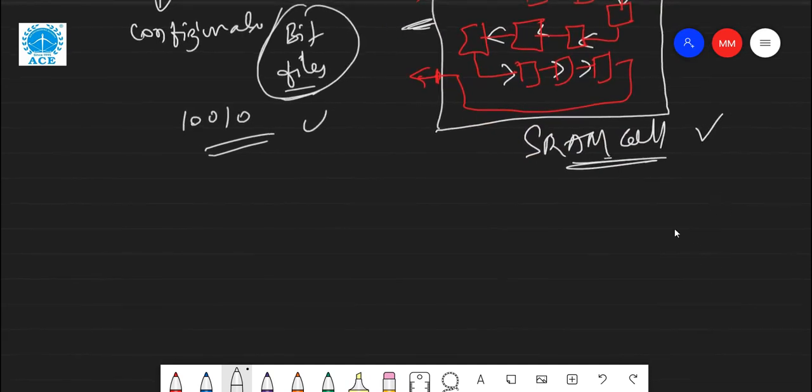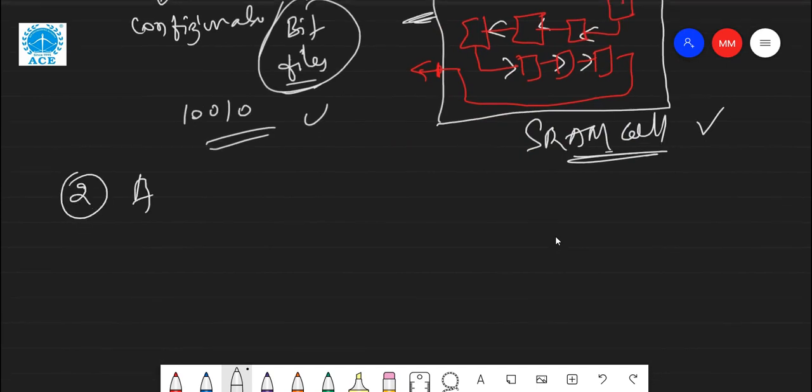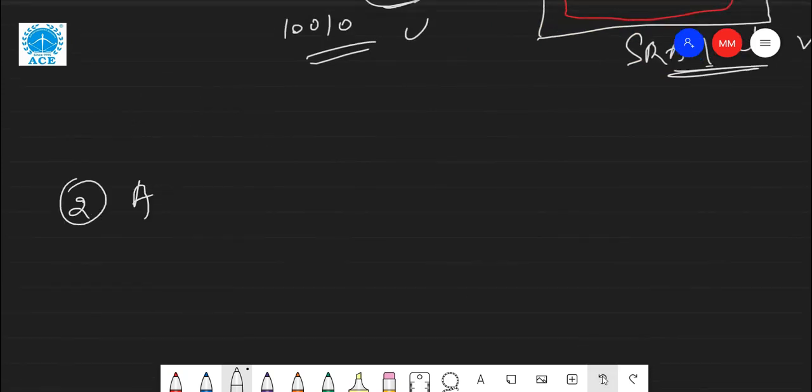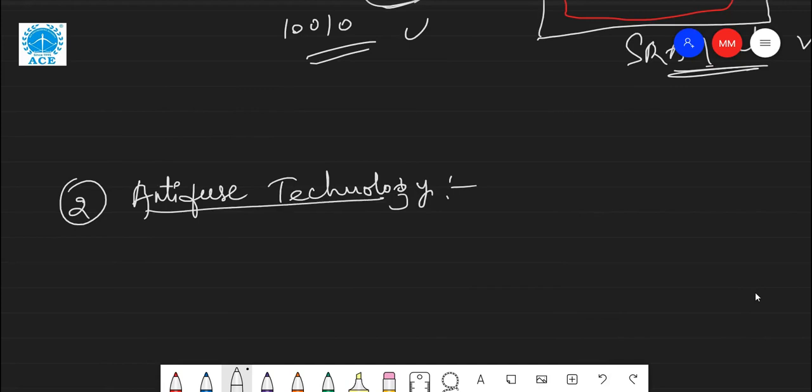Next is a very interesting one. Let us see, anti-fuse technology is another programming method of FPGA. I already discussed this one-time programming technology.